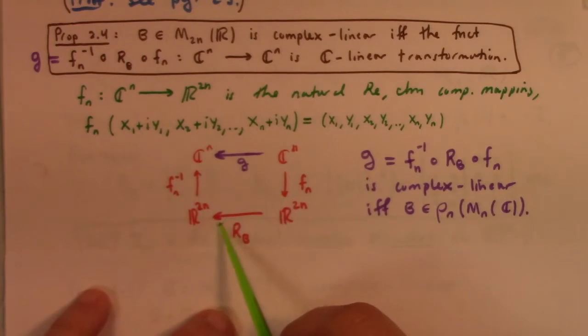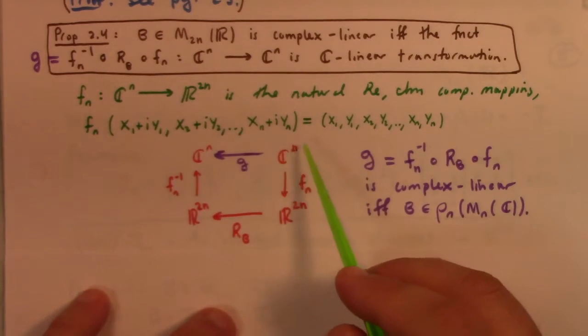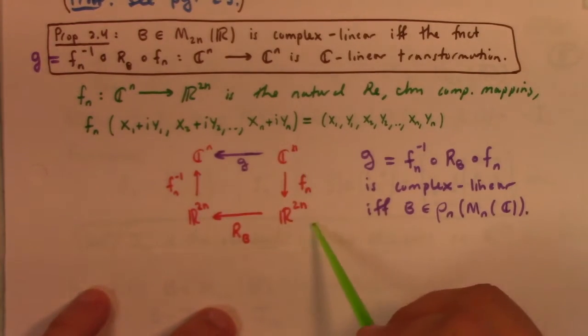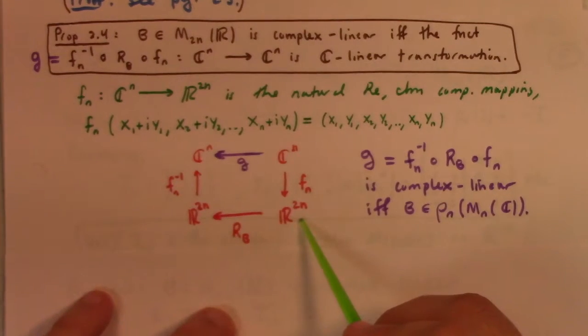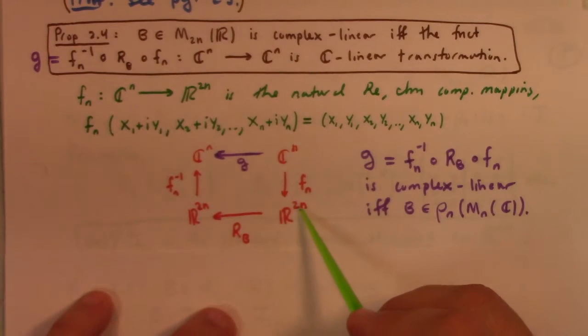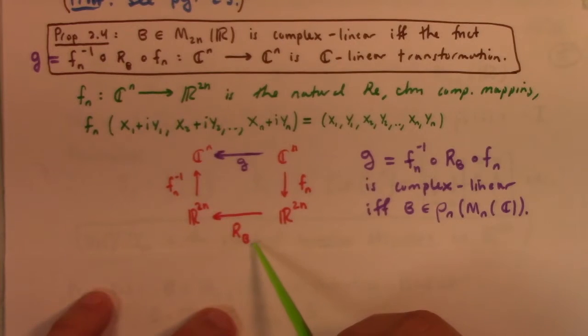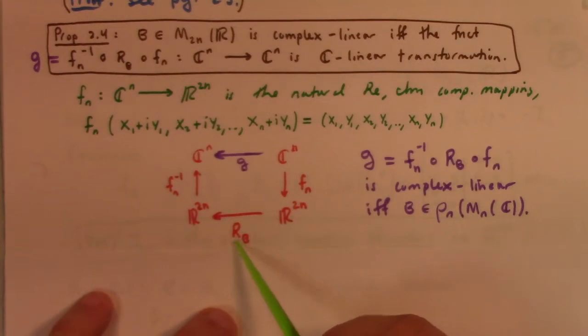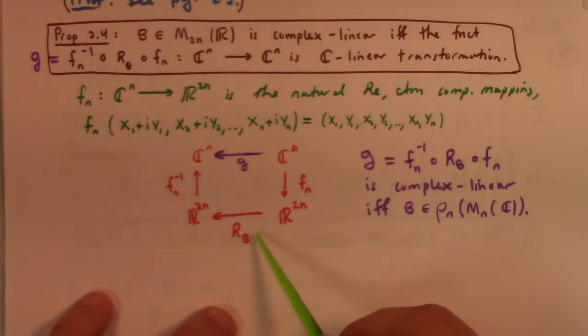So we're given this map, and we're trying to construct the purple map. What we do is trade our Cn for R2n by stringing out the real and imaginary parts. Then you multiply this 2n tuple of real numbers by b; it's a row vector, so you multiply on the right by b.